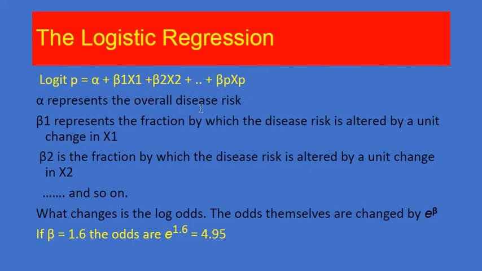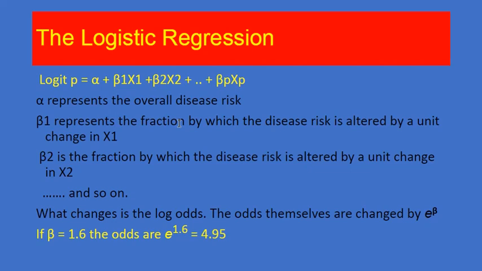So depending upon how much change we have in our x1, x2 or x3 variables, we have a change by a fraction in beta 1 and beta 2 and so on.